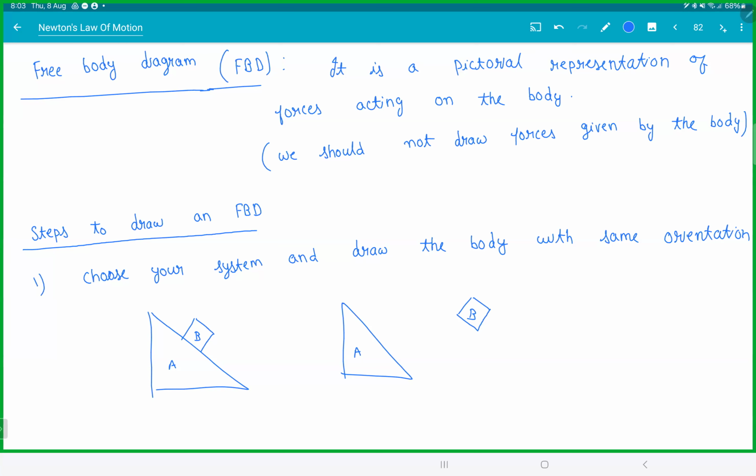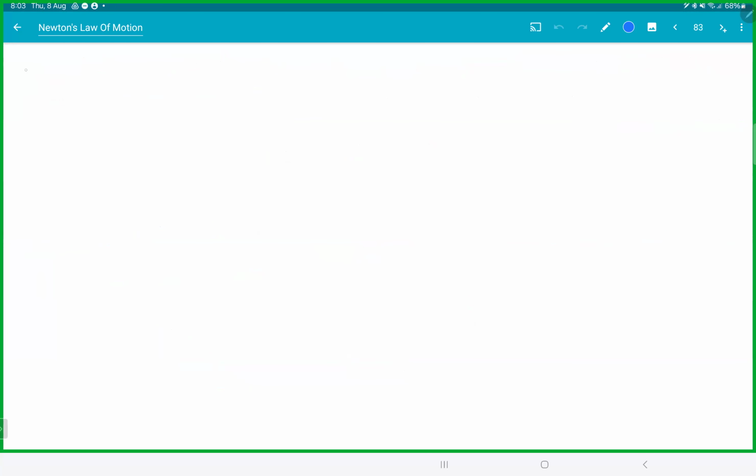Okay, then draw the weight vector, mg, downward.